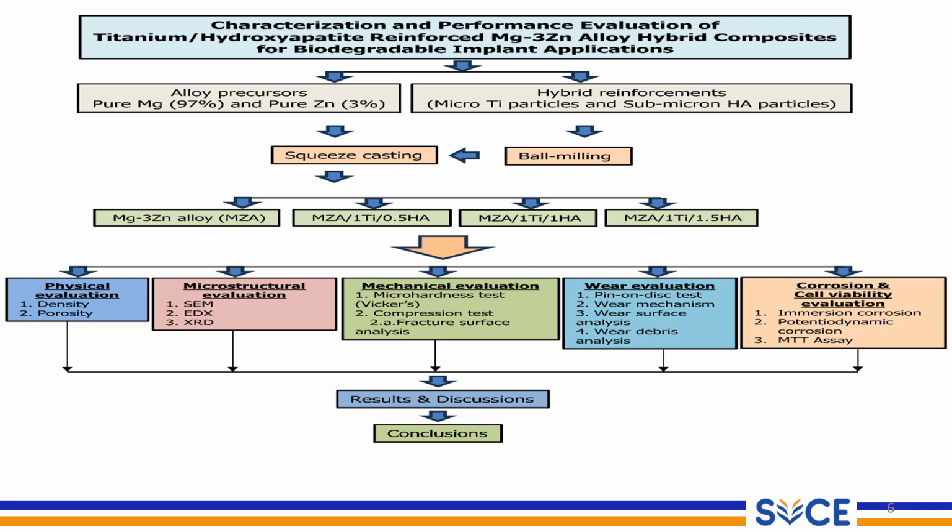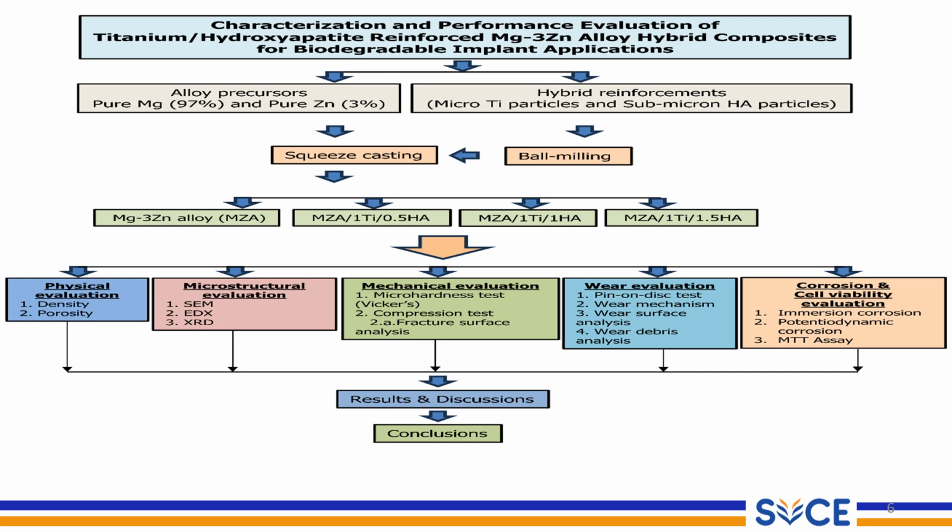Now we have a fabrication method by means of ball milling and squeeze casting. We are producing different alloying compositions. In that diagram, we are planning to discuss 4 different specimens with different compositions. HA may vary.